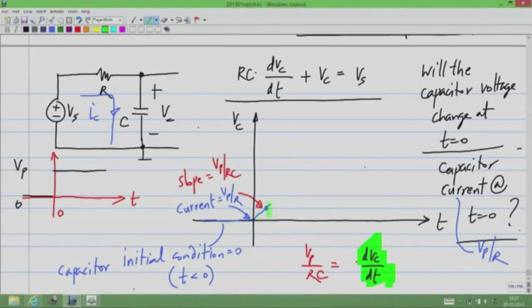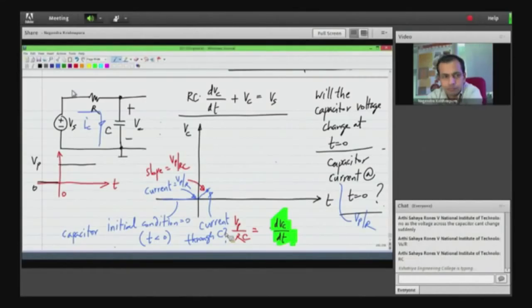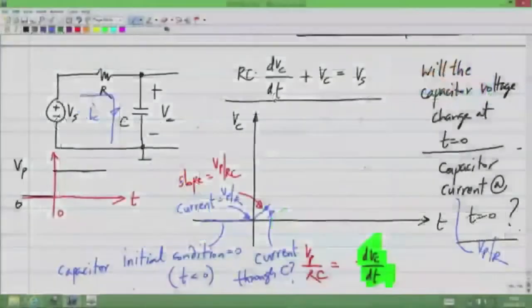The capacitor voltage increases. So what happens to the current through the capacitor in this circuit? Somebody please attempt this.